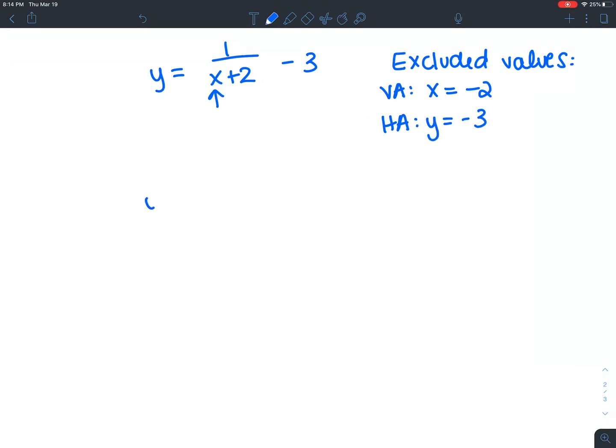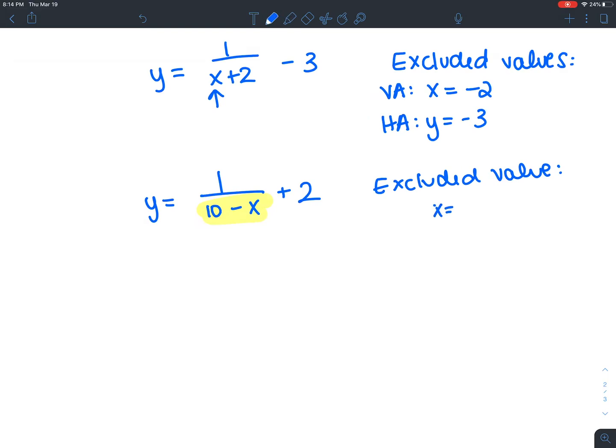All right, let's try one more. What's my excluded value now? What would make that 0 is when x is 10. And that means that is also my vertical asymptote.